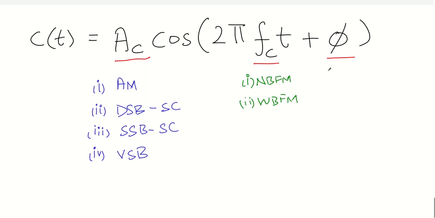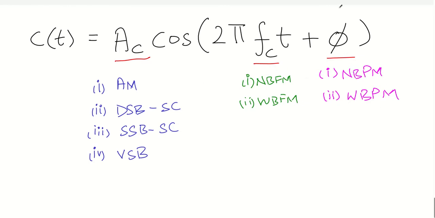And if we are varying the phase, the modulation can be classified into two types, namely narrow band phase modulation and wide band phase modulation. So these are the types of modulation. Totally there are 8 different types of modulation. 4 are related to amplitude modulation and the other 4 are related to the angle. This entirely is the angle, right? So these two are related to frequency and these two are related to the phase.